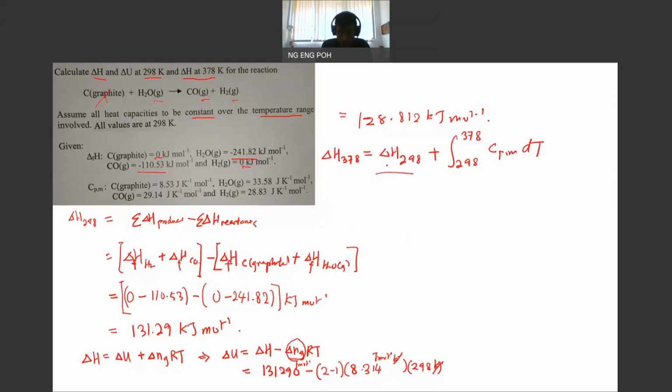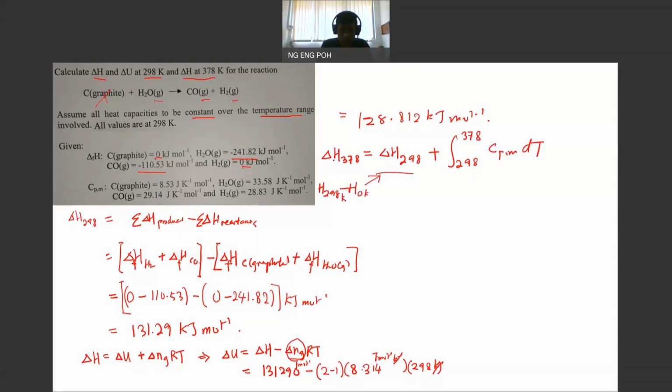For this delta H 298, what does it mean? This is the enthalpy at 298 Kelvin minus enthalpy at 0 Kelvin.